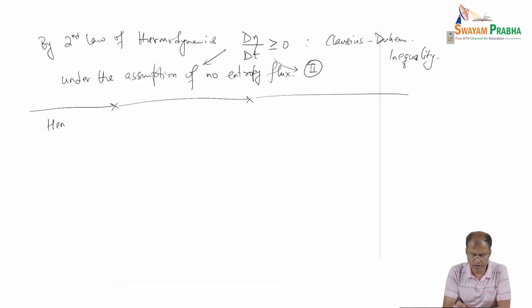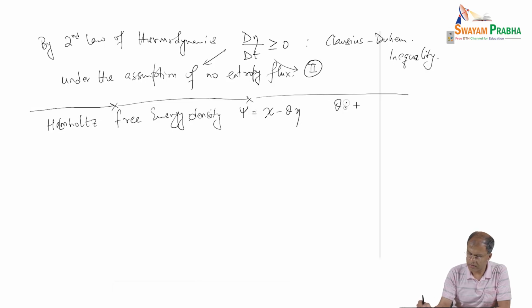We have the standard concept of Helmholtz free energy density, which we call psi. So psi is equal to chi minus theta times eta, where theta is the absolute temperature. Psi is the energy remaining to do work.